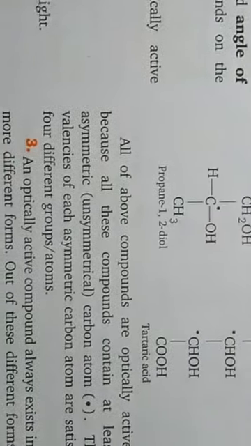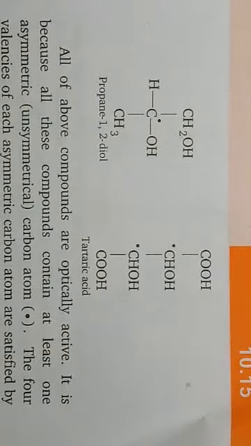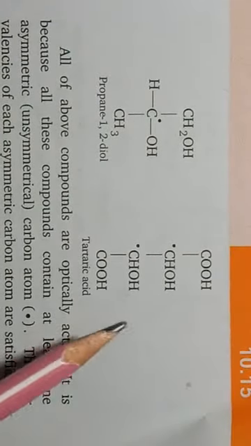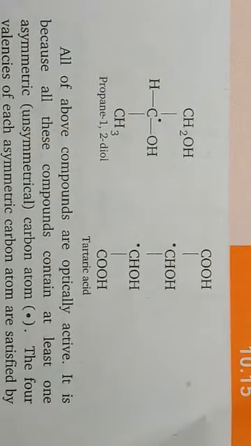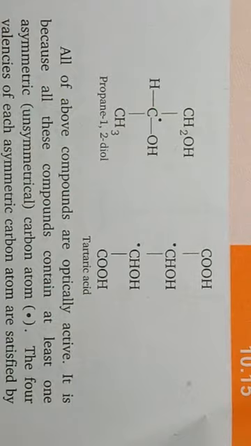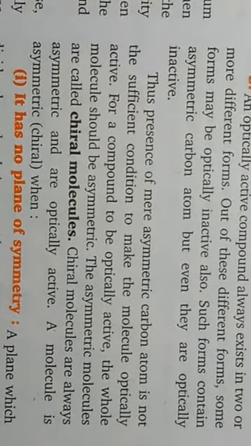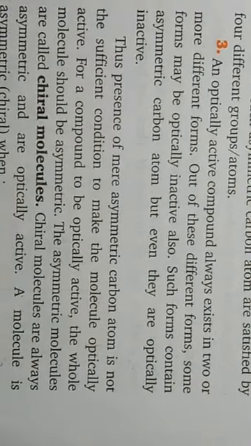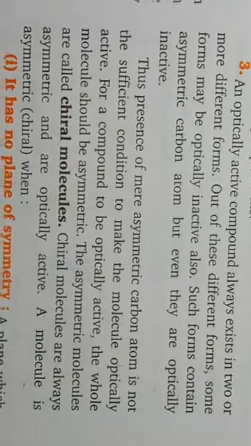Then there are some compounds which are having chiral carbon but are not optically active. Okay, children, so in short, we can say that optical activity is not based only on asymmetric carbon atom or stereocenter.